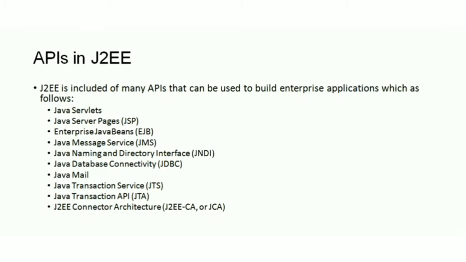These are all the APIs used to create enterprise applications in J2EE, and they are used in different ways to create that particular application.